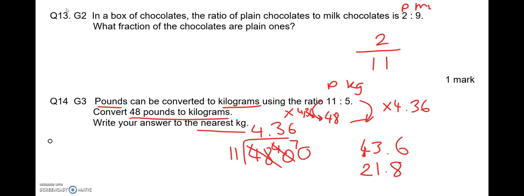So this is the same as multiplying 5 by 4.36. And you could have gone through any other method to work it out as well. So now we've got to write the answer to the nearest kilogram. And that means getting rid of the decimal places. So 21.8 will be rounded to 22 kilograms.